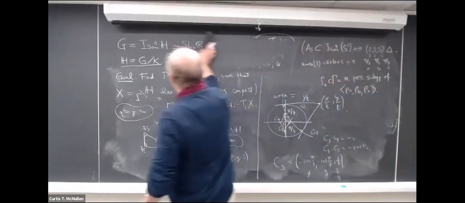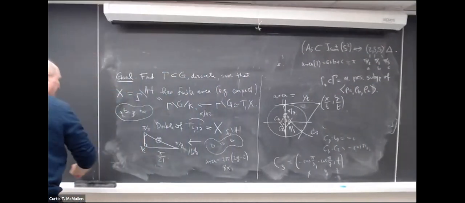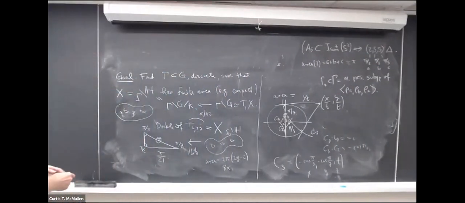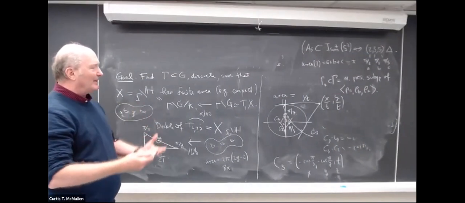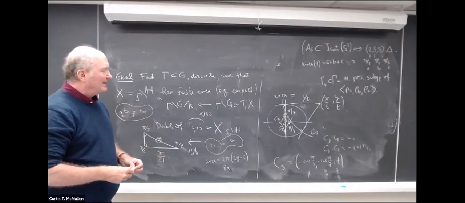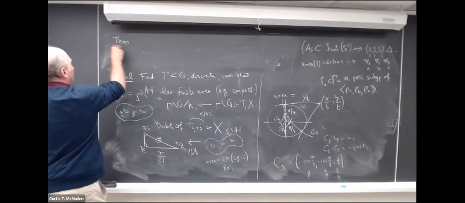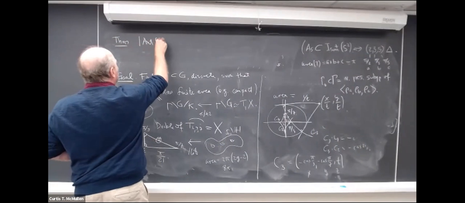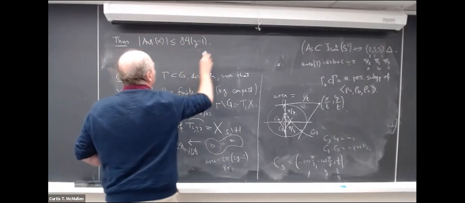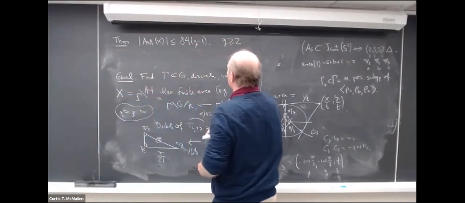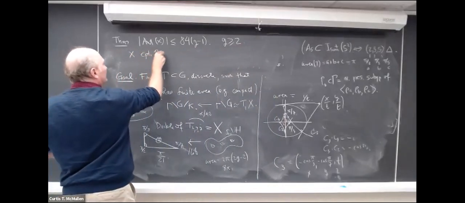So there's a famous theorem that bounds the order of the automorphism group of a compact Riemann surface of genus g. Remember, the complex analytic automorphisms are the same as the hyperbolic automorphisms. So there's a theorem that says the cardinality of the automorphism group of X is less than or equal to 84 times g minus 1, provided the genus is greater than or equal to 2. This is for any X a compact Riemann surface of genus g.